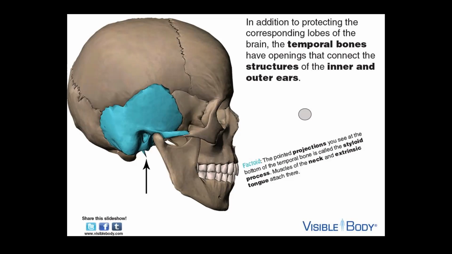The name styloid process has lasted for, I guess, a thousand years, whenever early anatomists discovered that pointy structure, and styluses have been used for writing. So the next time you write something, think of the styloid process.